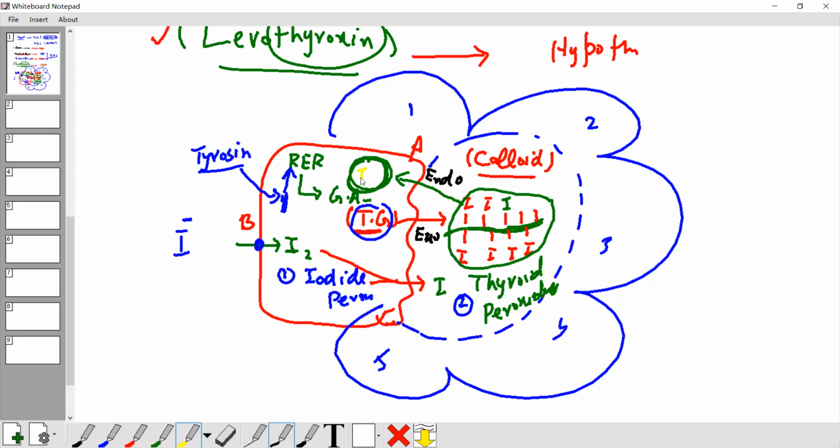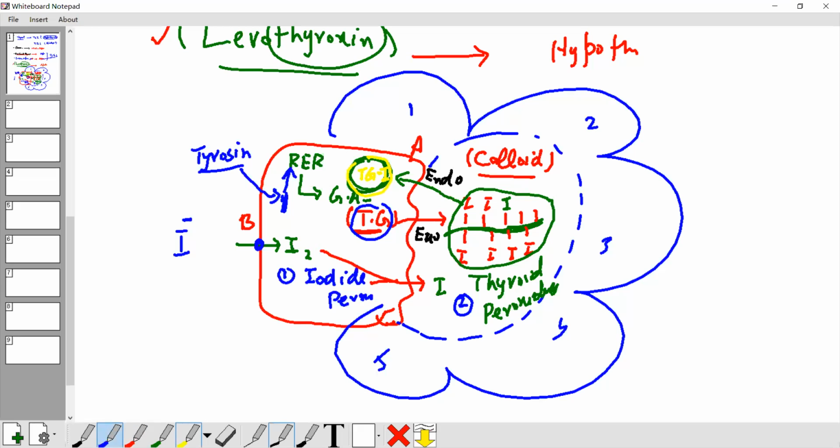This thyroglobulin is not simple thyroglobulin. It also has iodine attached. It's iodinated thyroglobulin. Clear?